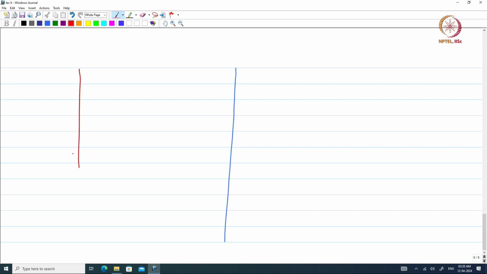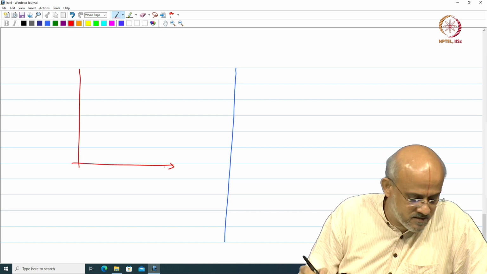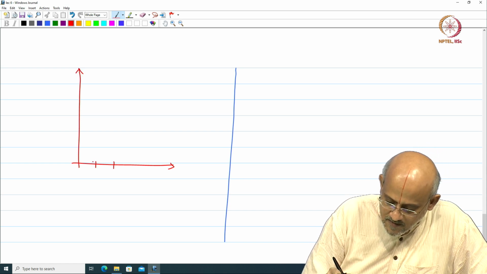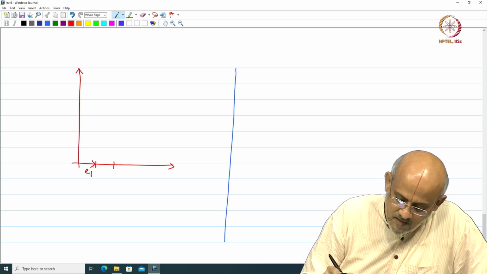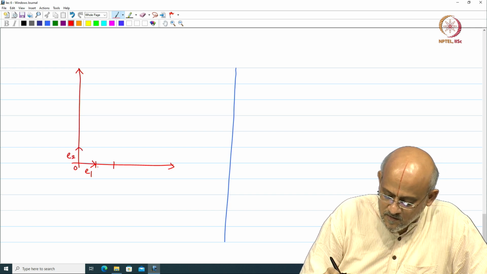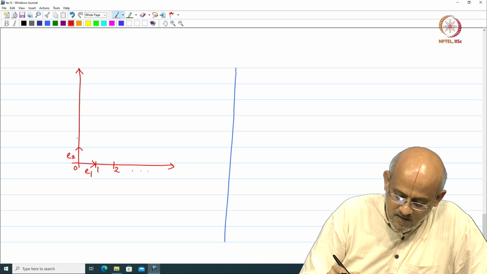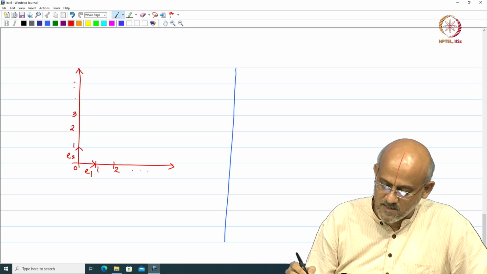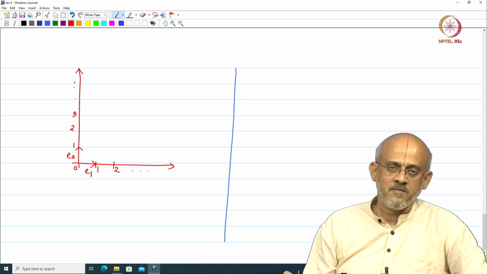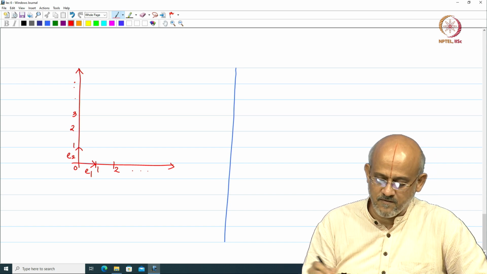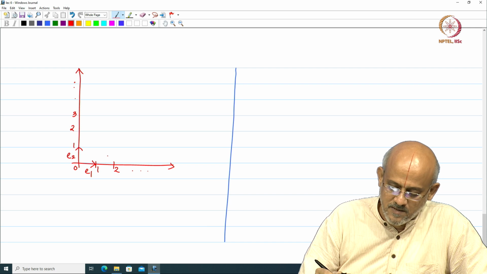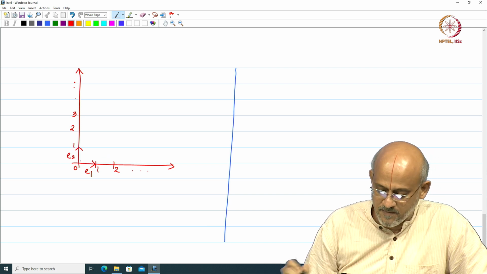So we are going to look at E1, which is basically this vector, and that vector is basically E2. We said this is 0, 1, 2, etc., and we are going to call this 0, 1, 2, 3, etc. So we have this E1 axis and E2 axis, where any vector in this 2 dimension can be generated as a linear combination, which we have studied.